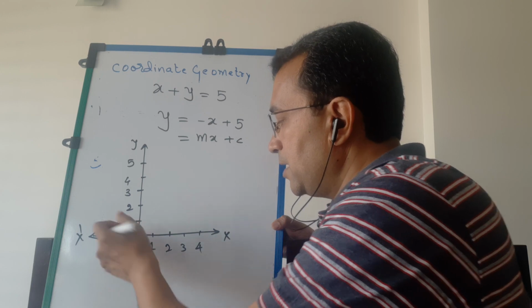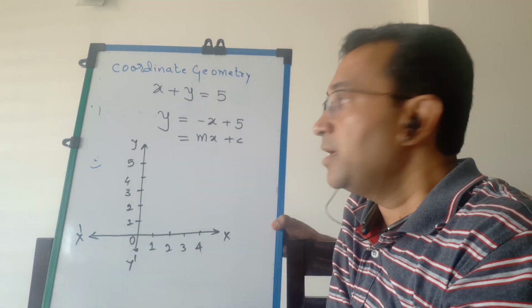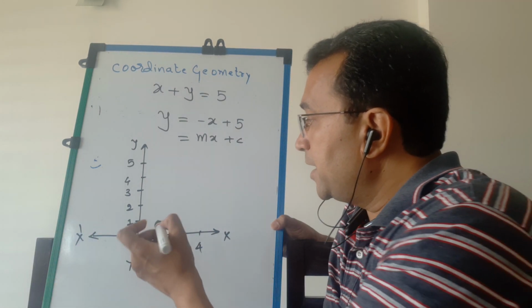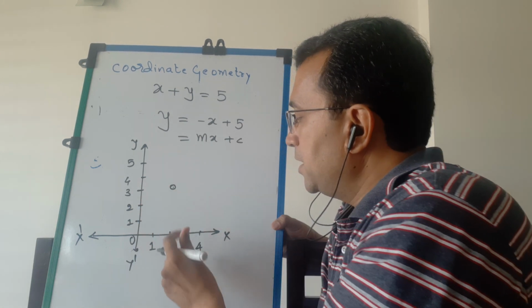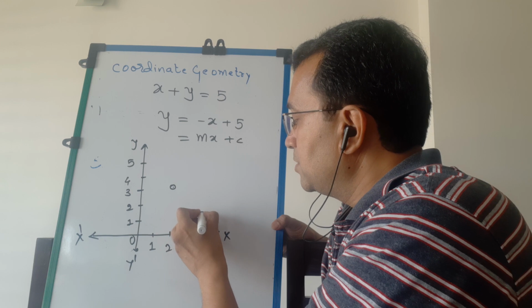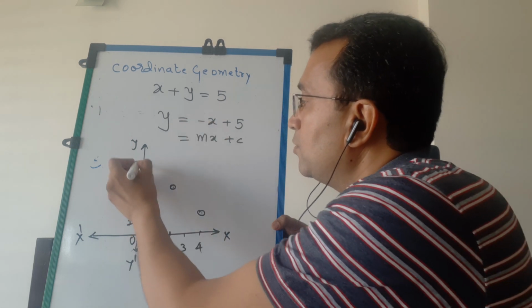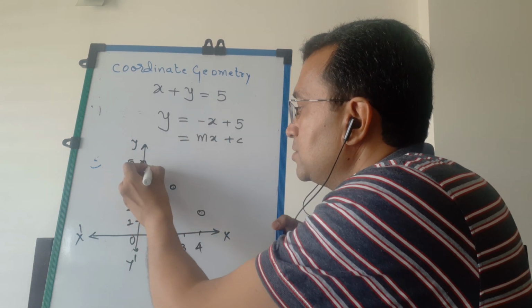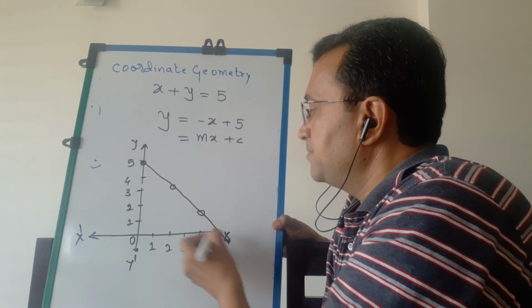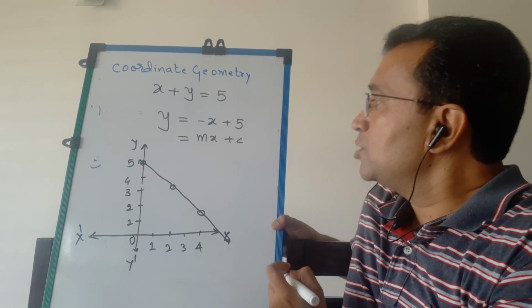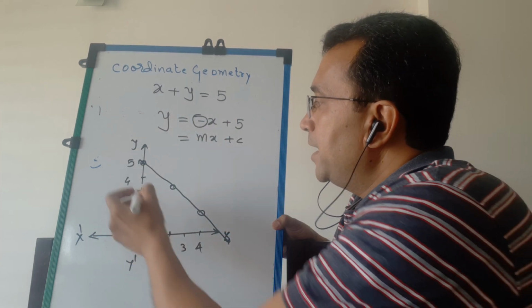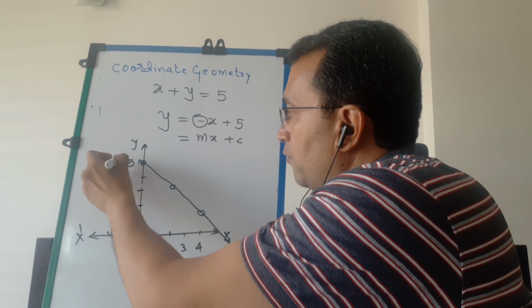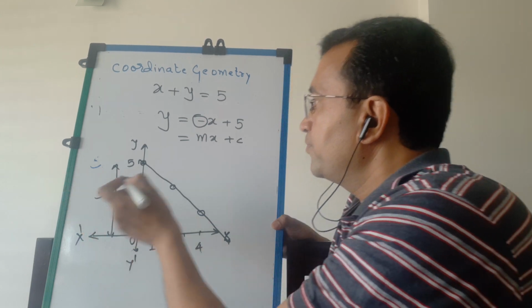Now you know that when x is 2, y is 3, and when x is 4, y is 1. But when x is 0, y is 5. So this is the line. So the slope is minus 1, and this is called the y-intercept, which is 5.